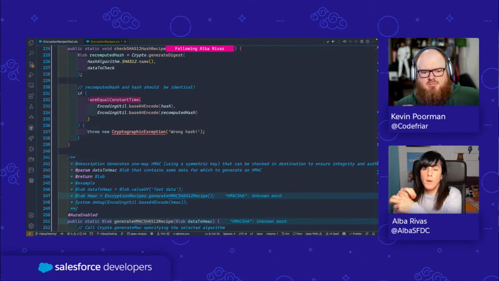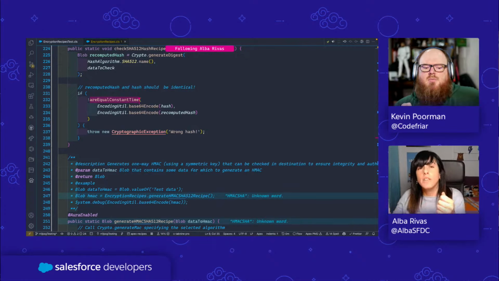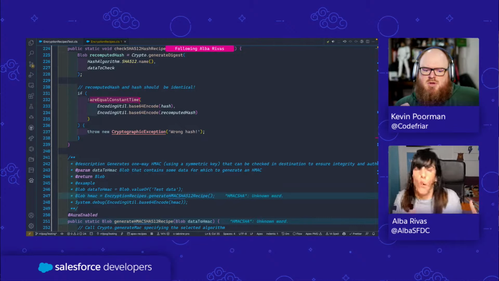But if I need to compare another set of strings, it takes 12 milliseconds to execute. That gives information to the attacker, in this case, about the strings that are being compared, right? So the idea is to have a function that always takes the same time to compare the strings, no matter the content of the string.